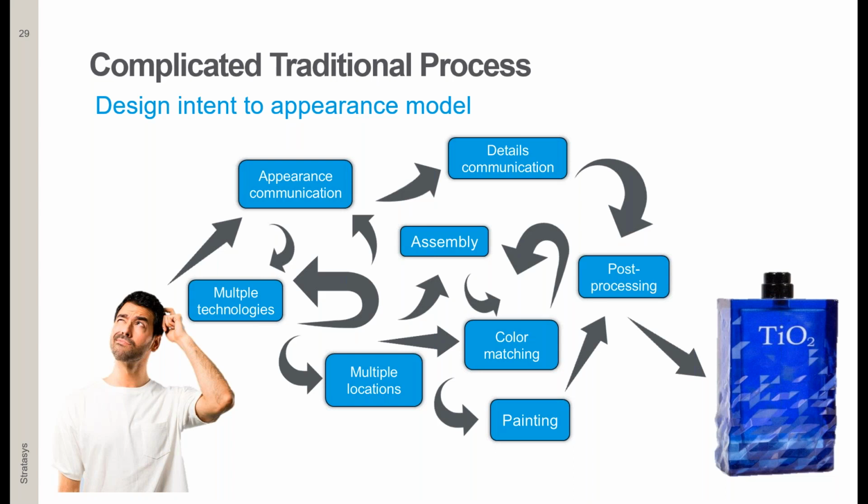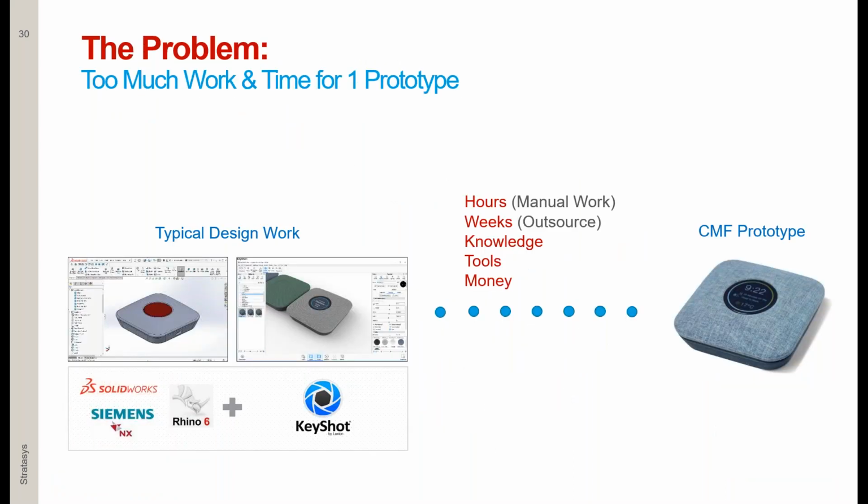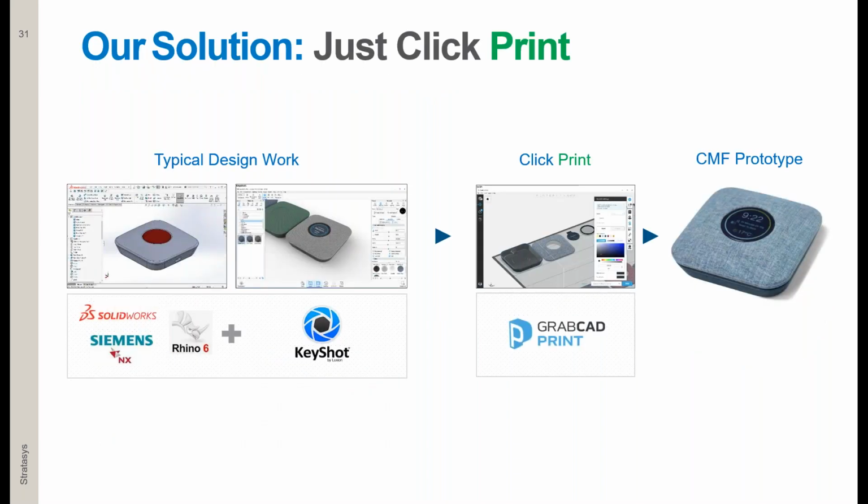You will not have them all equally made, whether it is aesthetics or the finish and so on. That's exactly where the challenge is. So with so many problems around this, typically you design and then you spend hours and weeks, outsource to multiple people, spend huge amounts of money to achieve one prototype model. But those are being addressed here as a single step process with our solution, just click print.